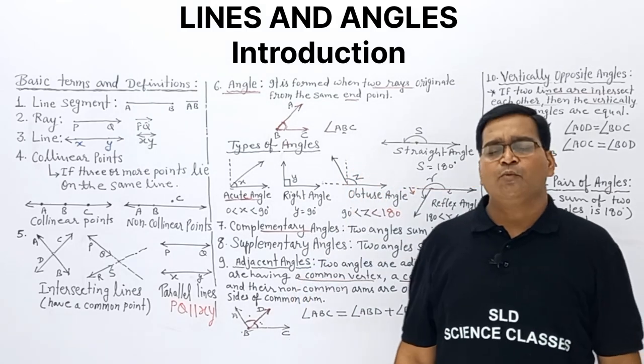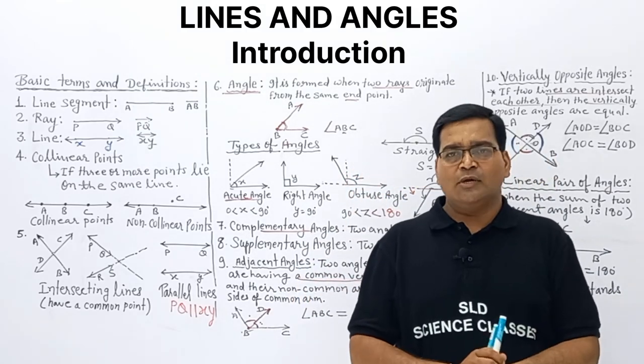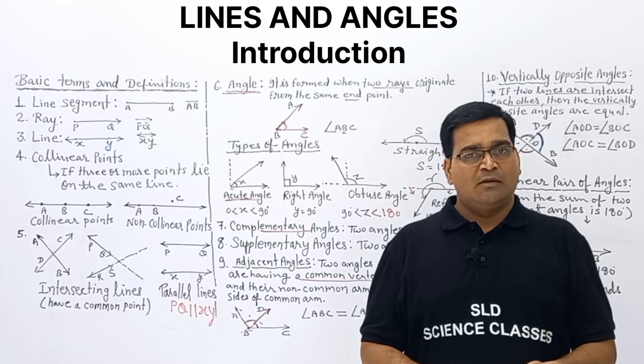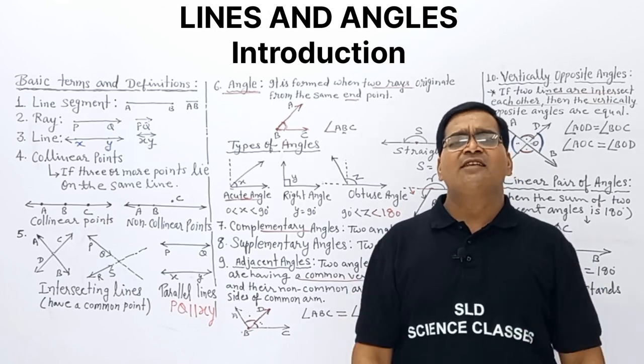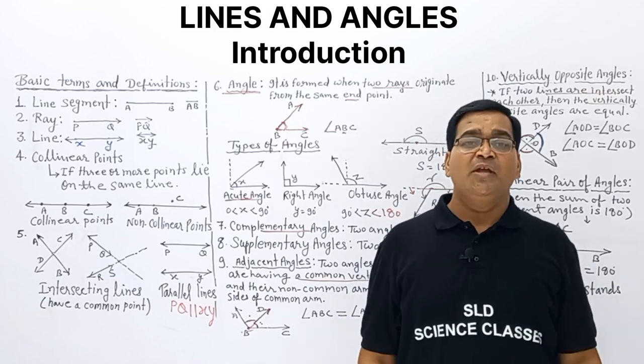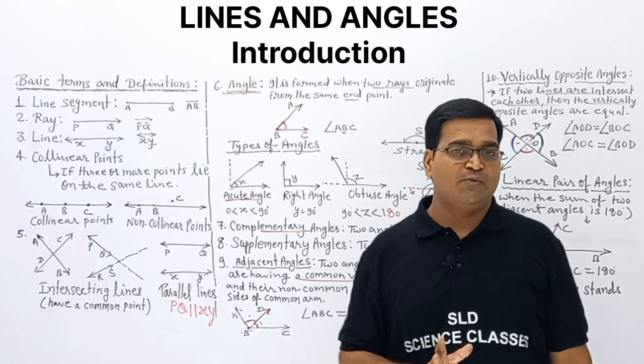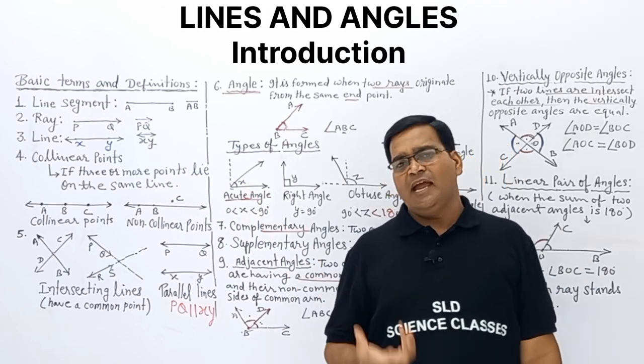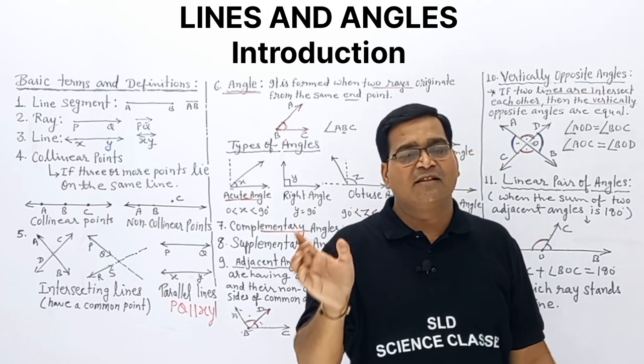All these concepts, whatever we studied in this introduction part 1 class, I am taking, and in this class we are studying the introduction of lines and angles. We are having chapter 6, and this is based on lines and angles.